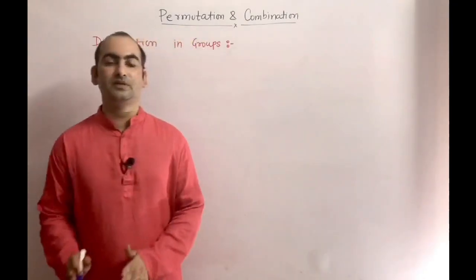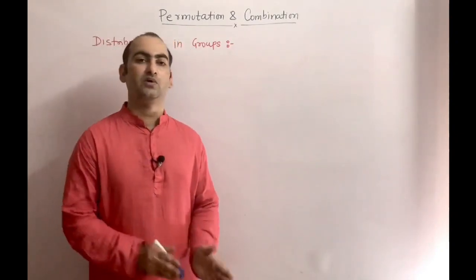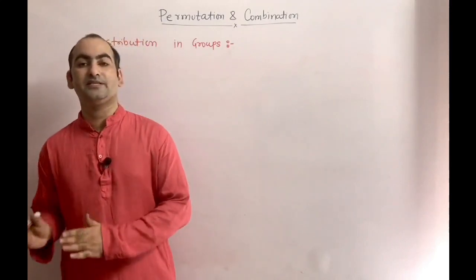So we discussed one example, distribution of objects into groups if blank group is allowed. Now this one I am generalizing as a formula.